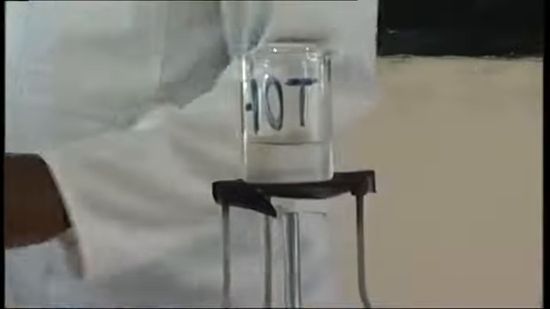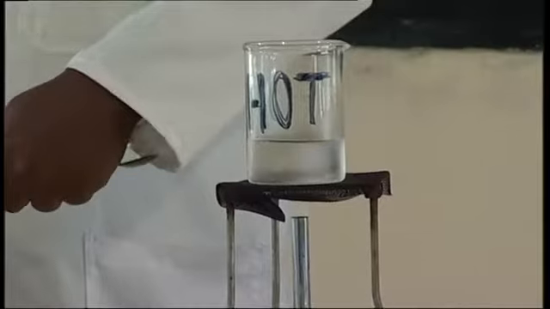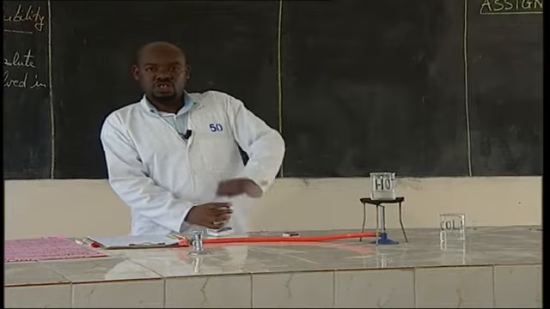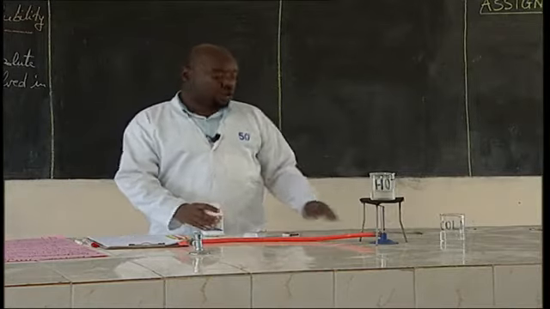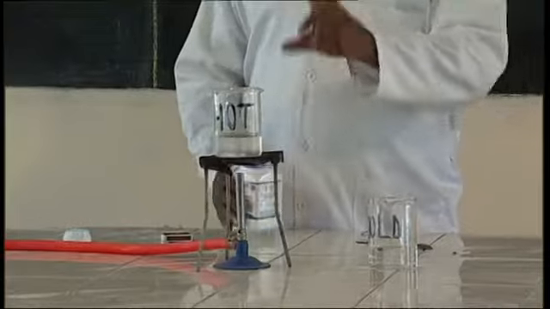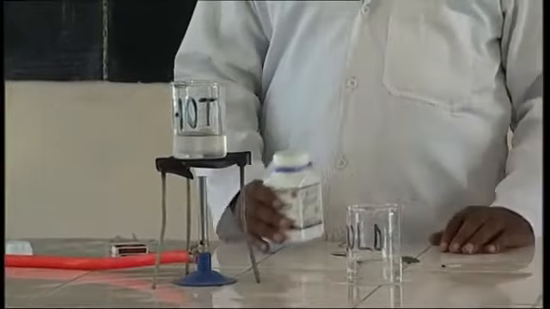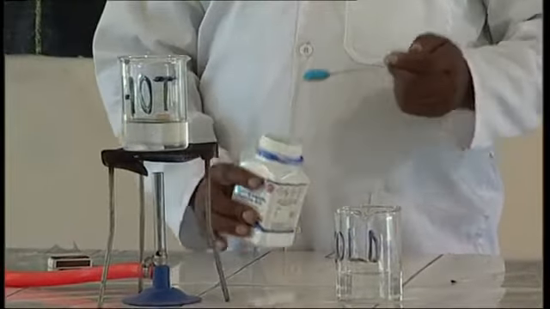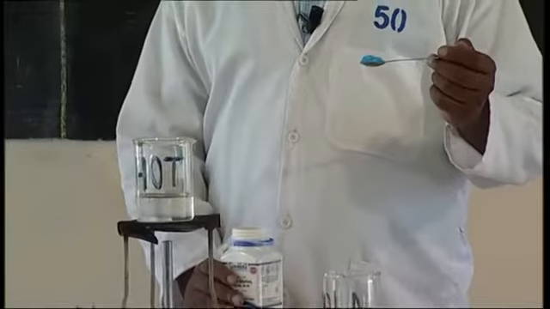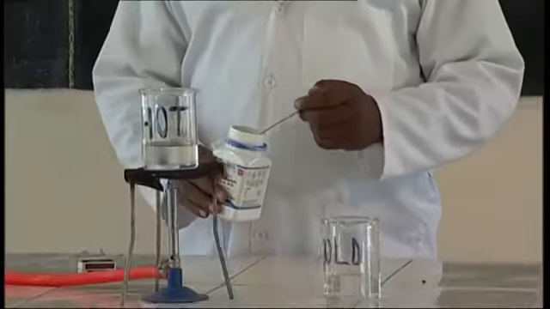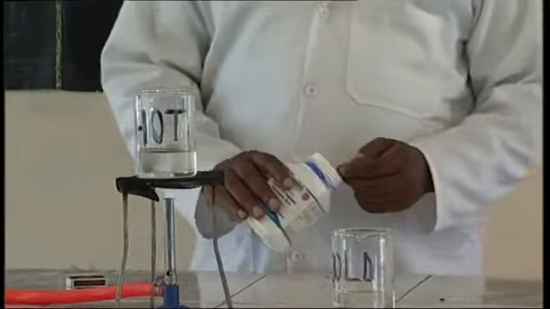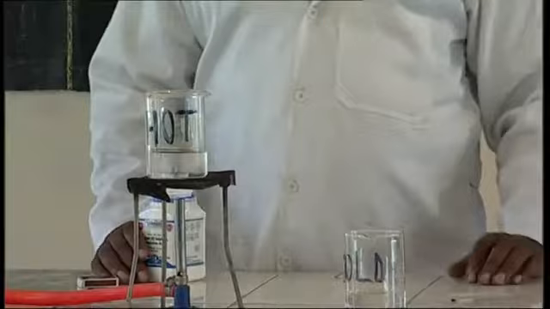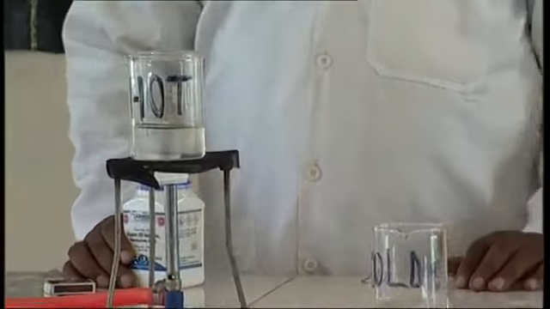And here also we have the solute we are going to use. We will use water as the solvent and copper sulfate as the solute. This is copper sulfate. You remember its color. It's blue. Now let us see what happens if we add some solute to both cold and hot water.